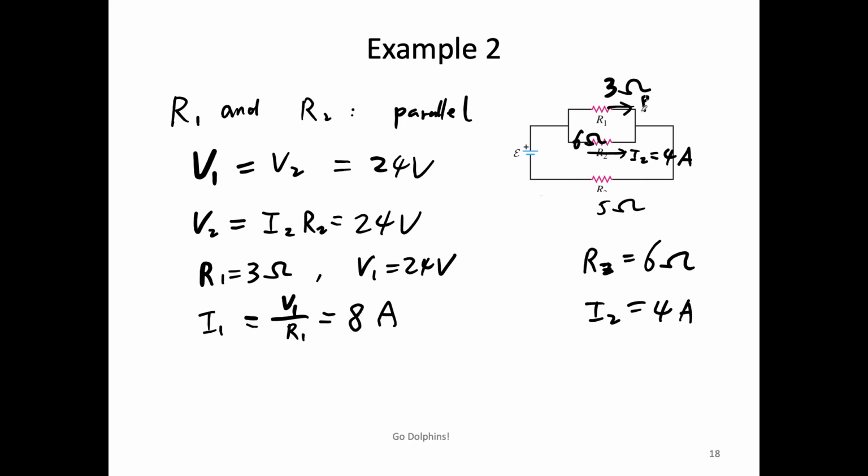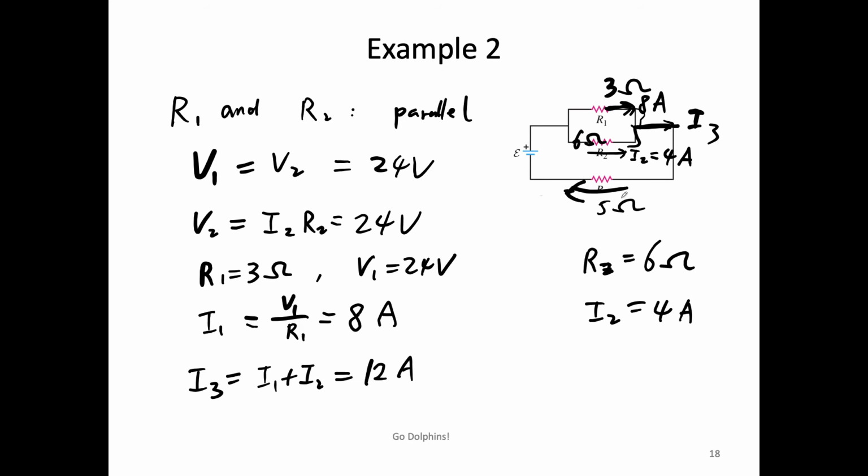Now do I know the current going through R3? 8 and 4, here it must be 12. So I3 is I1 plus I2, because all the current merges here and gives you I3. So I3 is I1 plus I2, 4 plus 8, 12.